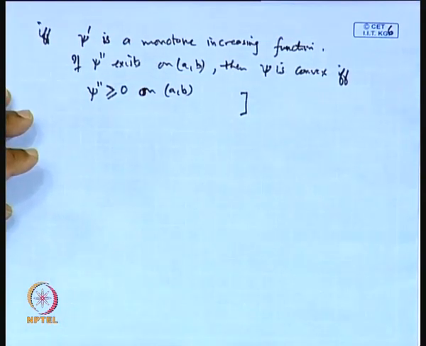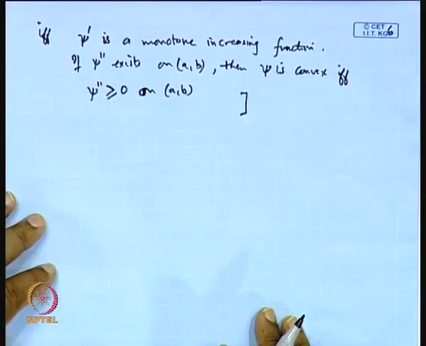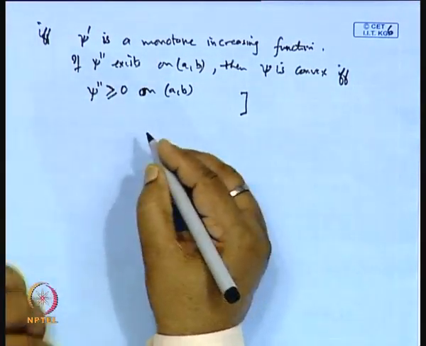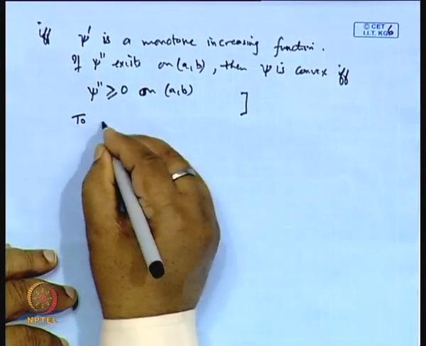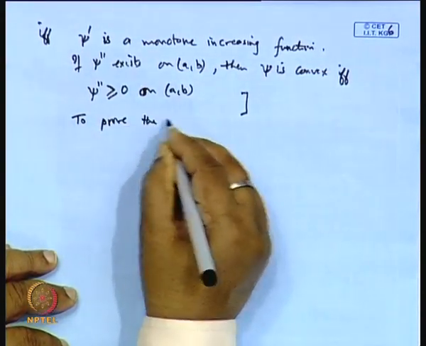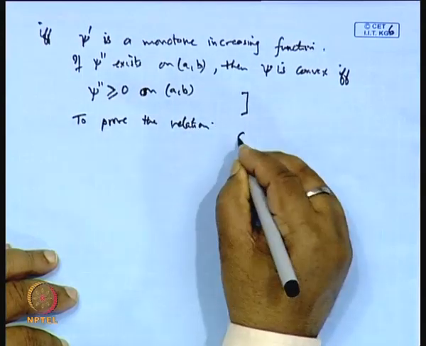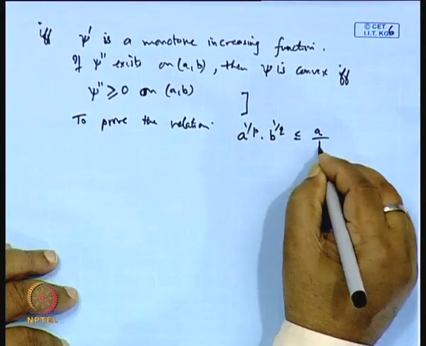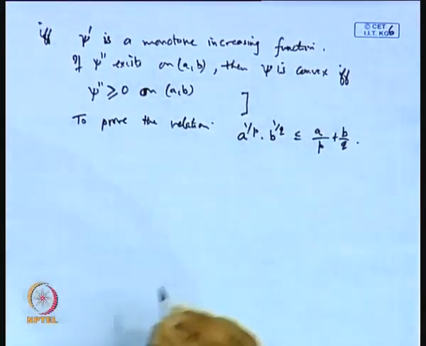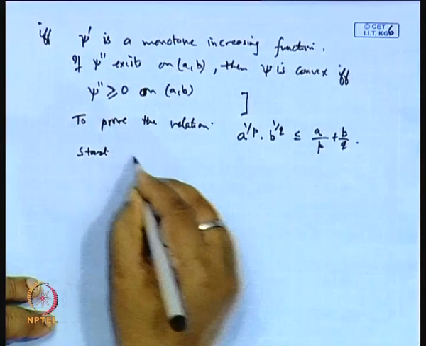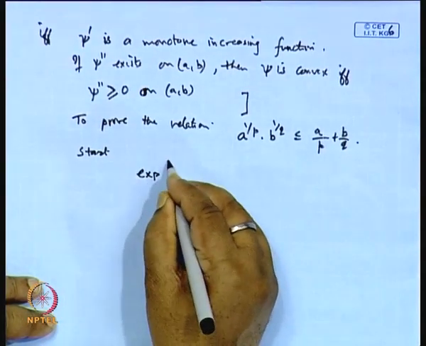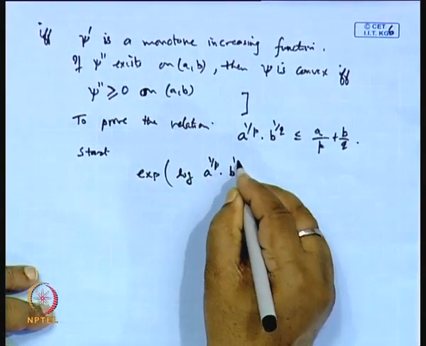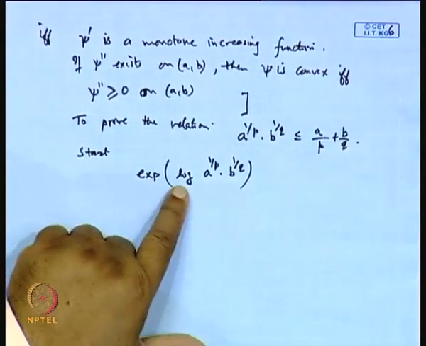The relation is a to the power 1 by p, b to the power 1 by q is less than or equal to this. So, to prove the relation a to the power 1 by p, b to the power 1 by q is less than or equal to a by p plus b by q, start with the exponential of the logarithm of this term, because exponential and log are inverse functions.